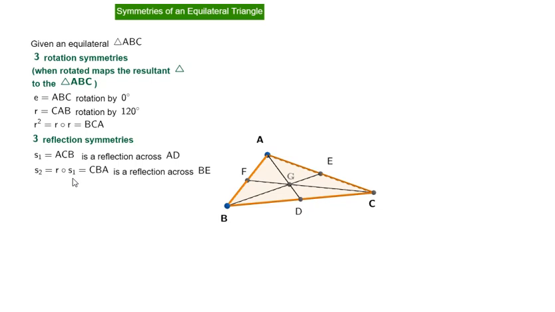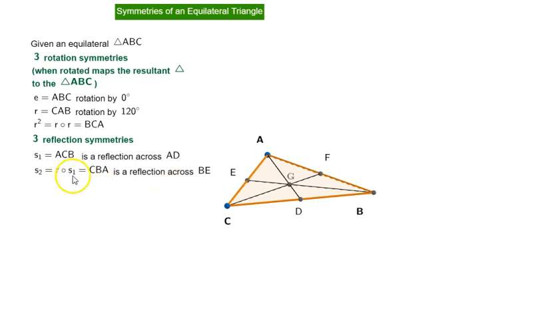So we reflect across AD, which we have already seen. When we reflect triangle ABC across AD, what will happen? D will go to C, C will go to where B was. Similarly, E will go here and F will go here.